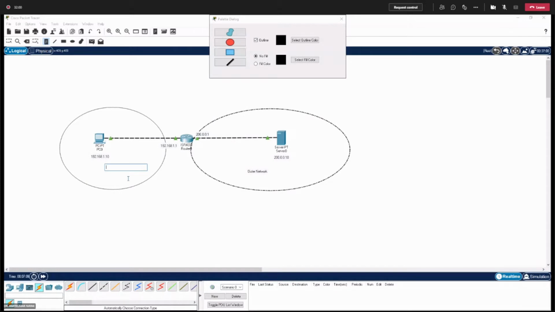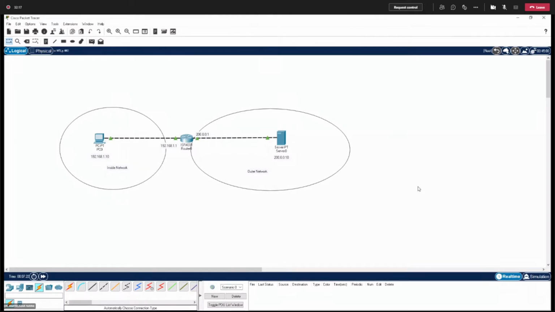And this is the inside network. So now please go through with the topology first, and then we will discuss. I will explain you what is network address translation. Just a minute.